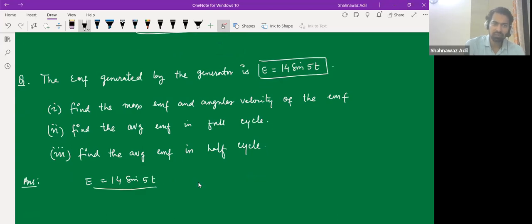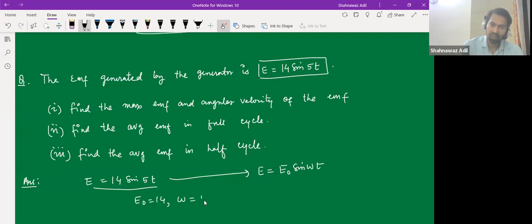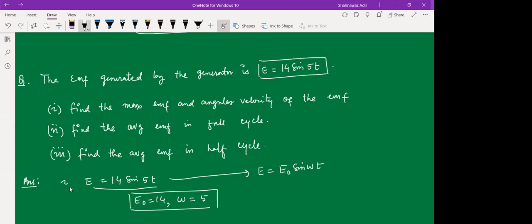If we compare it with the standard form, E is E naught sine of omega t, then we can say that E naught is 14 and omega is how much? 5. So these are the maximum EMF and angular velocity of the EMF. Right, everyone? So this is question number 1.